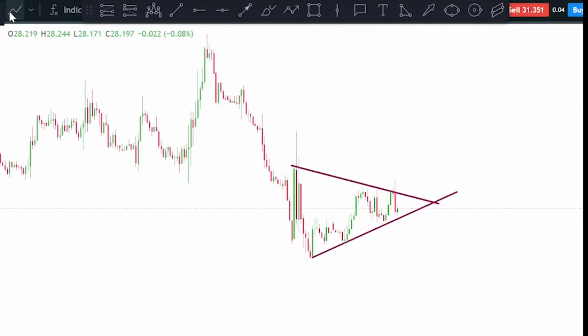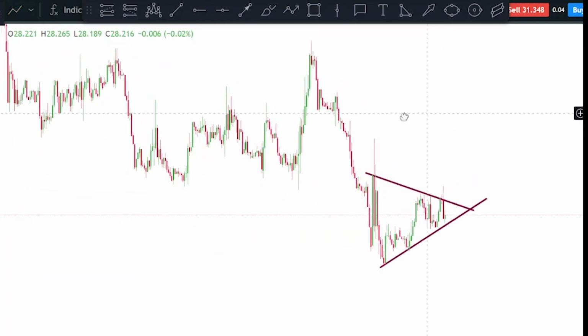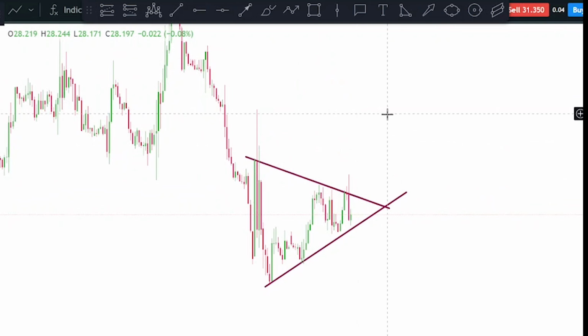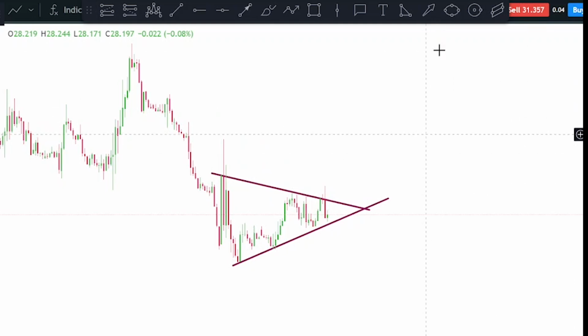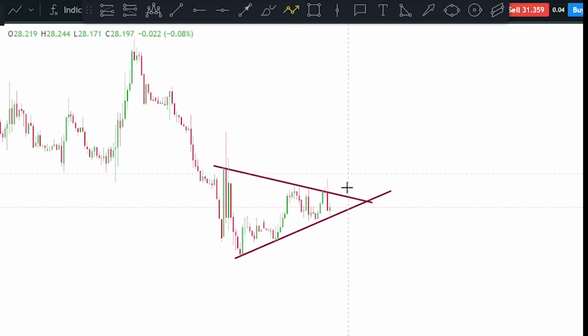So now, after getting a confirmation that we have a symmetrical triangle, even if we are in the downtrend, we don't know a specific direction of this triangle. So now I'm going to be doing the same.